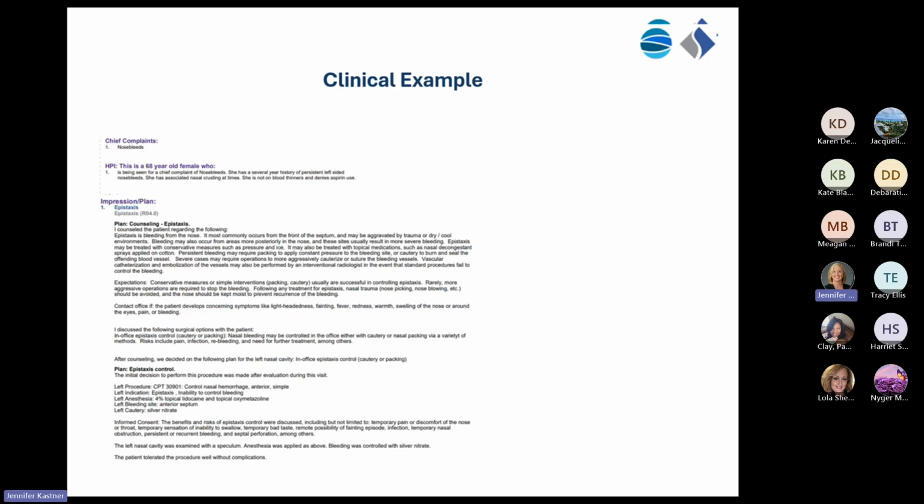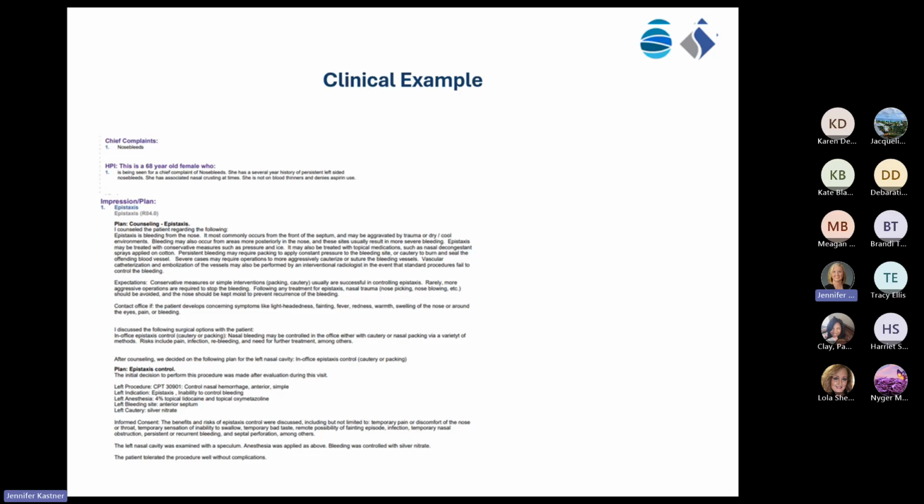Now, this is one of the ENT clinical examples that I pulled out of ModMed, and we can look at it in two different ways. First, let's look at how the scenario is documented. The patient has nosebleeds. The HPI has some additional information, which is great. It's concise, but it gives us more information. They've had a several-year history of persistent left-sided nosebleeds.